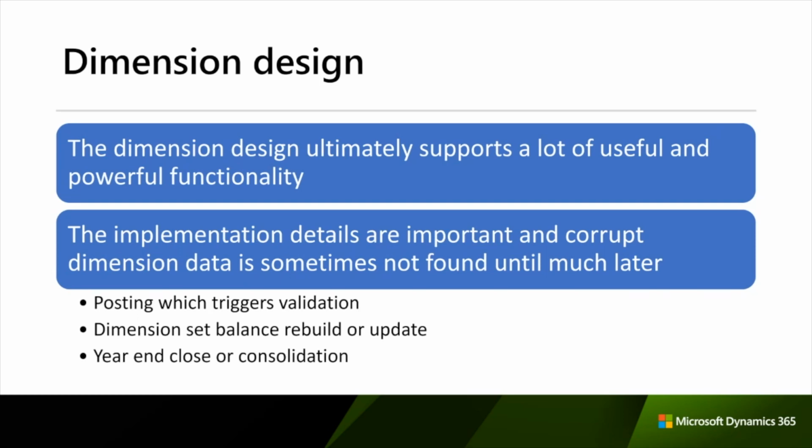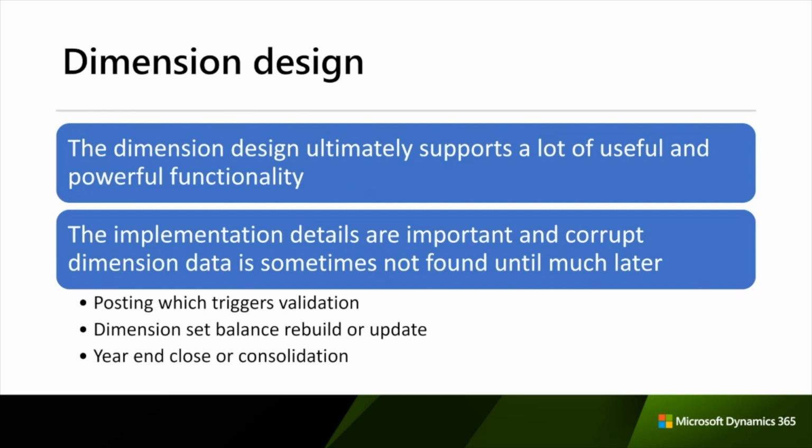As I mentioned, the whole dimension design supports a lot of useful and powerful functionality. The implementation details are super important, and the corruption is sometimes not found until much later.